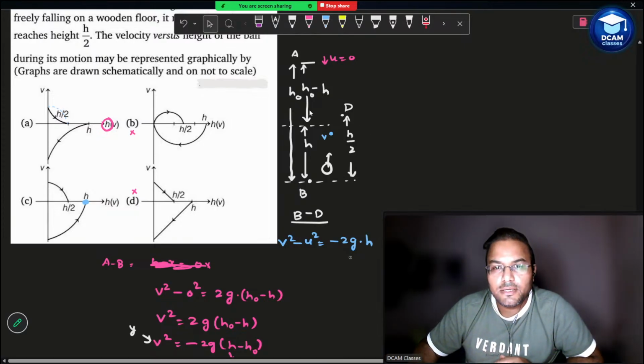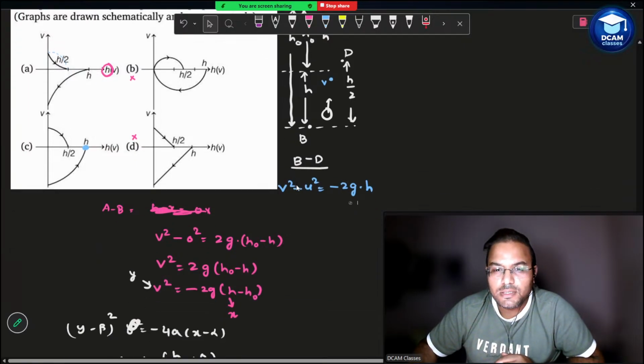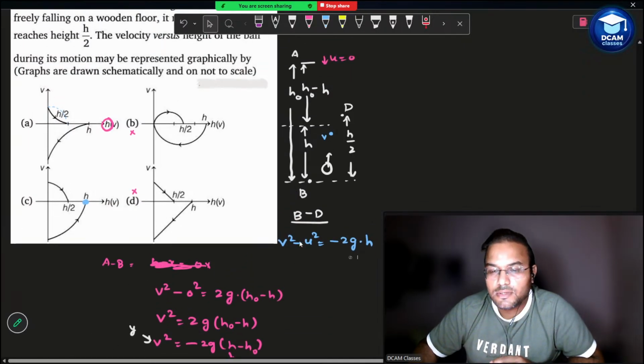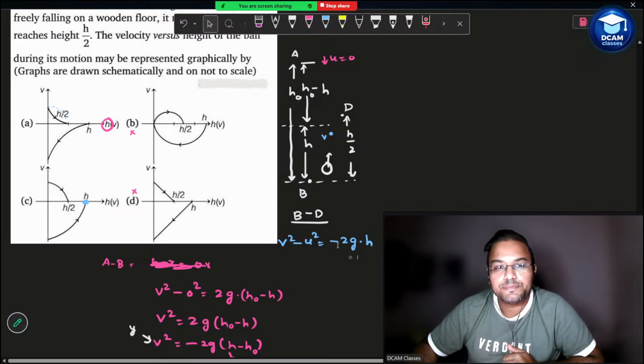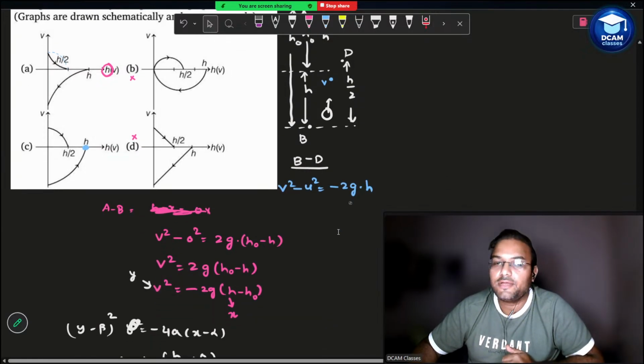I thought something was wrong, but v, u, a, g, h, not minus h, correct only. Displacement, correct. Everything was right. So in the upward case, velocity is upwards, u is also upwards, g is downwards, h is upwards. Okay, this is our equation.